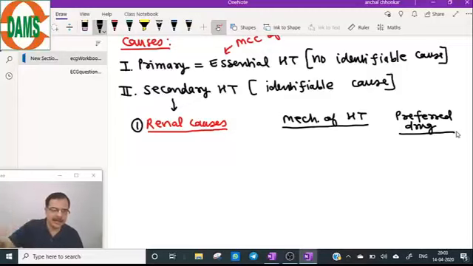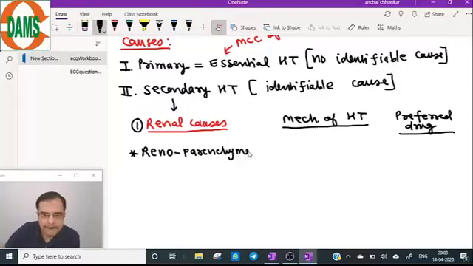So we will make a table of the secondary hypertension causes. The first renal cause is renoparenchymal. But first we understand what is the meaning of renoparenchymal.